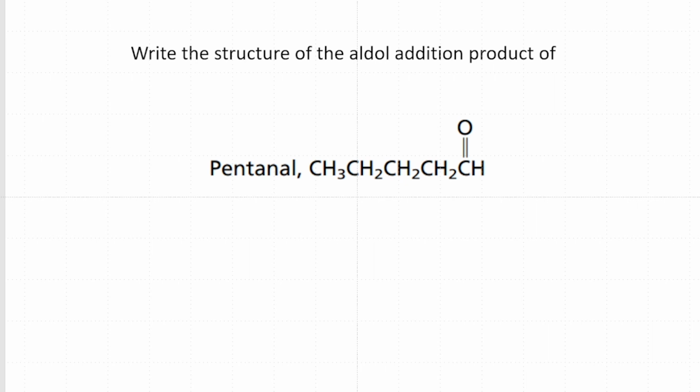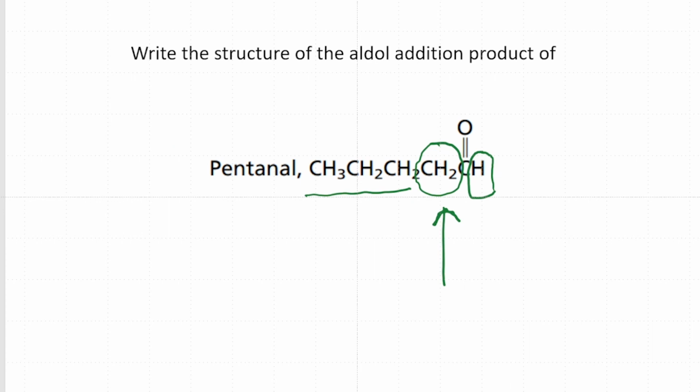The first thing to look at in such a question is to see where the active methylene group is. Here you have a CH2 which is right adjacent to a carbonyl, and none of the other hydrogens are ionizable. Of course you have an aldehyde hydrogen here, which is also not ionizable. So this is the most important CH2 for us to consider.